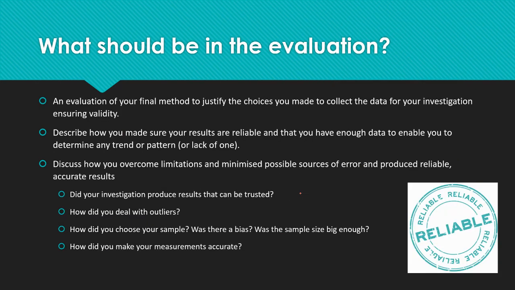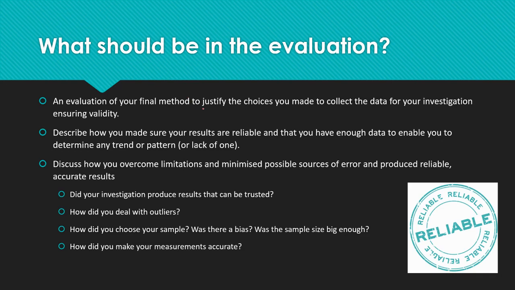So, what should be in the evaluation? You're going to write a couple of two or three paragraphs to explain whether the design of the investigation is valid, reliable, and the results are accurate.